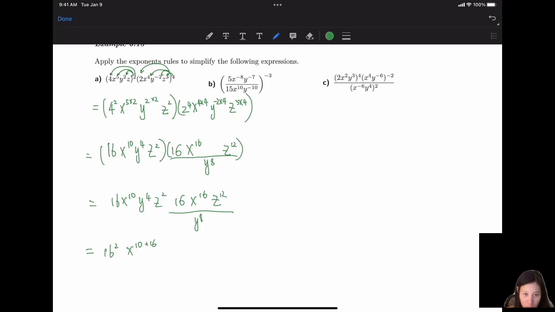Y is 4 subtract 8. Z is equal to 2 plus 12. So I have 16 squared, x to the 26 power, y to the negative 4 power, and z to the 14 power.